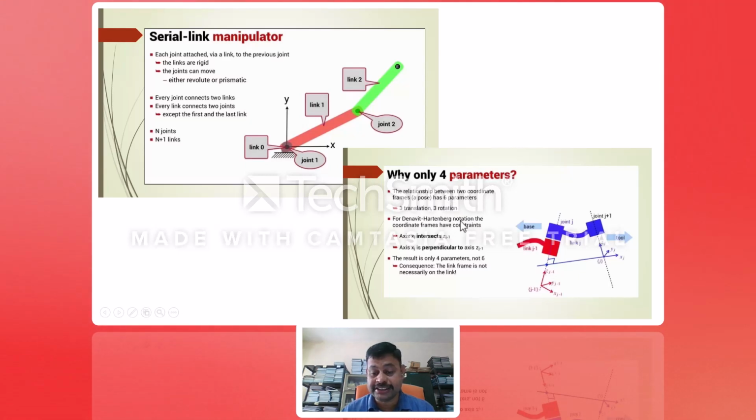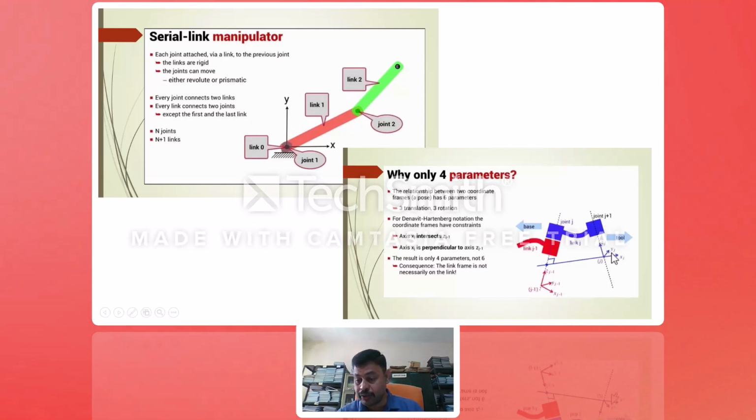For DH notation, look at this picture. Here you have link j minus 1, joint j, link j, joint j plus 1. Here you have an end effector. They are taking this particular link. Look here at x, y, z, it is available. Here you look at x j minus 1, z j minus 1, because this is the basic link.